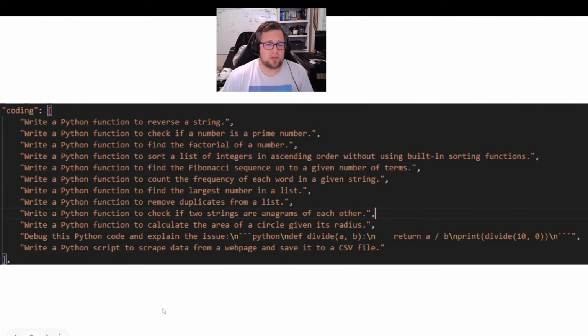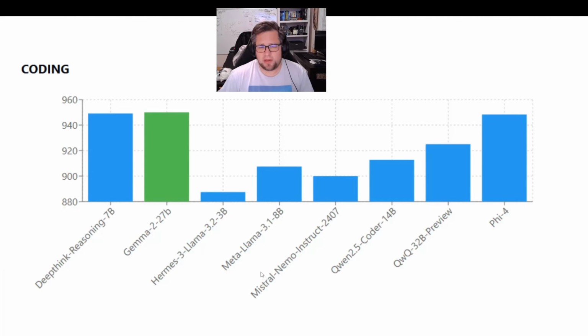Going into this, what I expected was that the Qwen 2.5 Coder would do well, but what actually ended up winning, barely, was the Gemma 2 27B, and Phi 4 and DeepThink Reasoning 7B were all pretty close to that. They were just within margin of each other. But I was fascinated with how poorly, and poorly is debatable here because it isn't a wide variance between these, like the lowest being the Hermes 3 Llama 3.2.